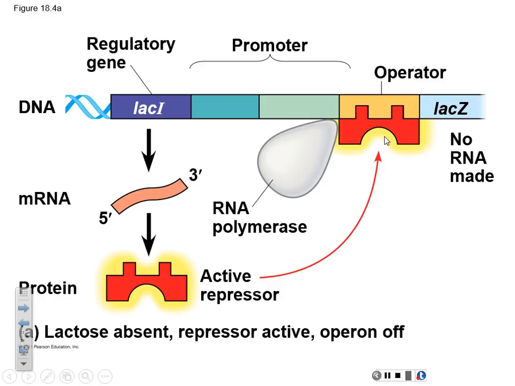When PLAC-I binds to the operator, it inhibits, it shuts down the activity of an RNA polymerase. It's a downer, right? It prevents RNA polymerase from doing its thing. That's the essence of negative regulation.